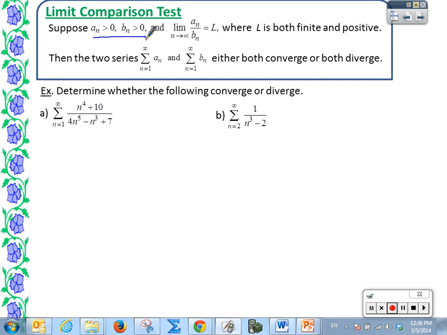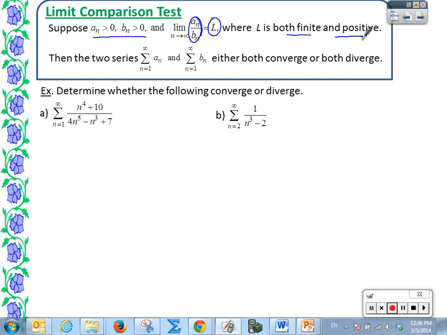And how this test works is that we make a ratio of the original with the one that we choose. We make a ratio, and we take the limit. If our answer to the limit, which they're calling L, turns out to be finite and positive, then the two series go hand in hand.